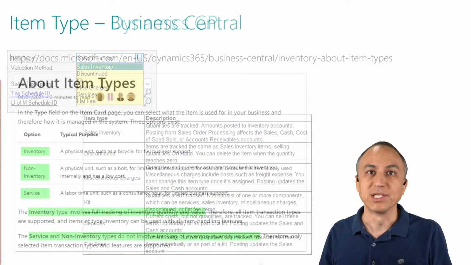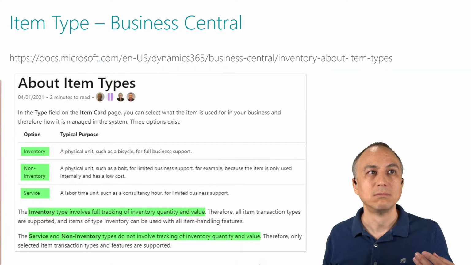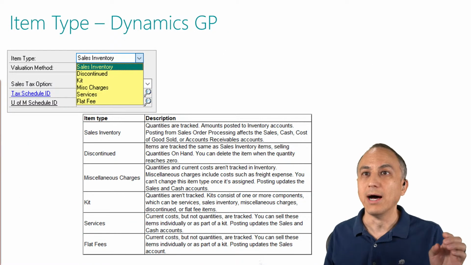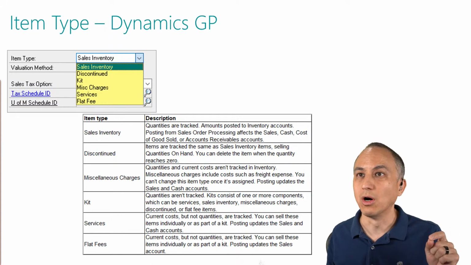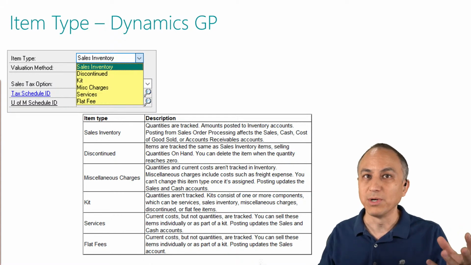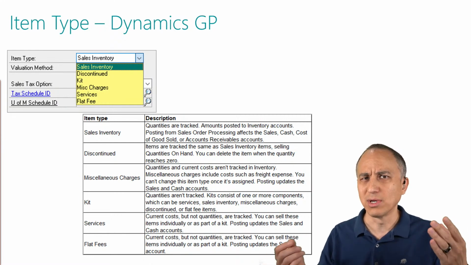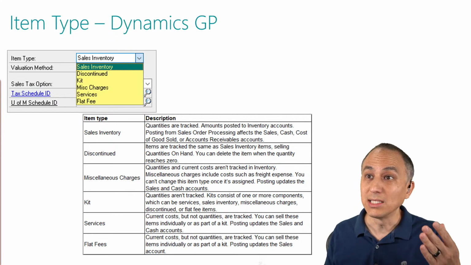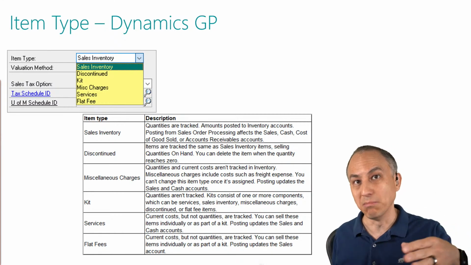And then there's services, which are, you have costs, but you're not tracking quantities. That's what I would consider a non-inventory item. But you can sell them as part of a kit. So let's say assembly is required.